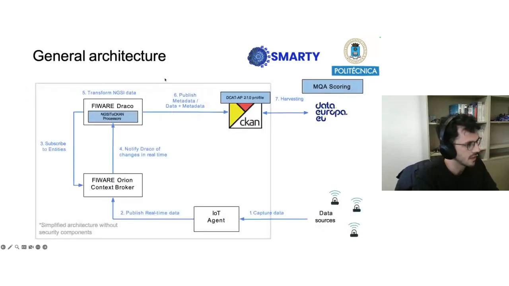So first, this is the general architecture that we propose for doing this kind of thing. What we have here is data sources. They can be IoT sensors, for example, or whatever you want, an external data source. And we are doing this with, in this case, FIWARE technology, but this can be done with other technologies, just to maintain the real-time status of the entities that we have.